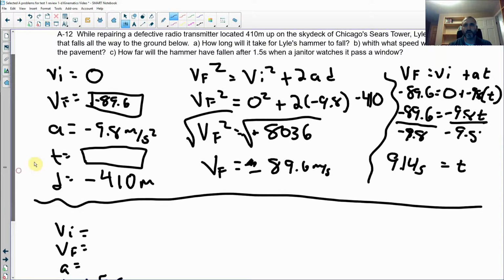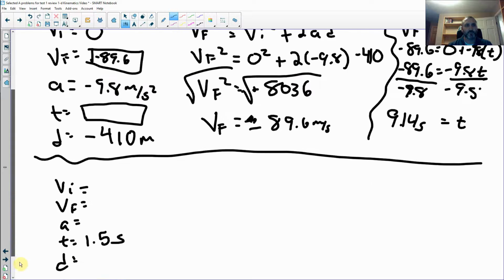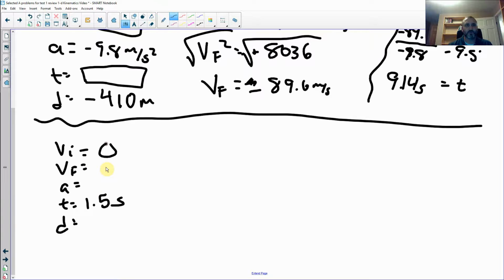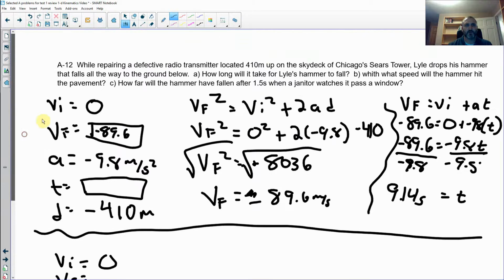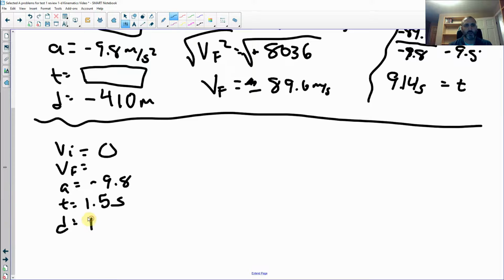We got that out of the problem right there. So the VI was still 0 when he dropped it. The acceleration is still negative 9.8 meters per second squared. We just want to know how far will the hammer have fallen, so we're going to look for the D. So we got a VI and A. The VF is irrelevant.